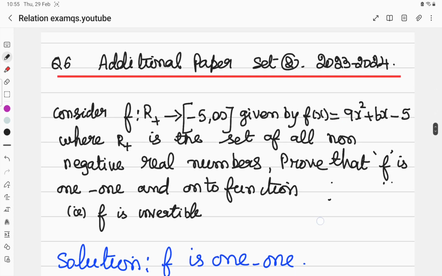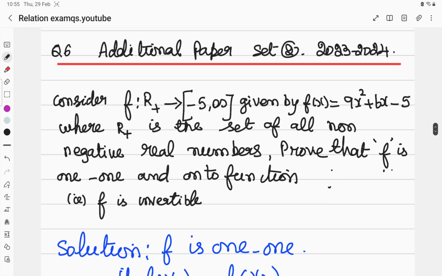Question number 6. Consider f from R+ to [-5, ∞), given by f(x) = 9x² + 6x - 5, where R+ is the set of all non-negative real numbers.